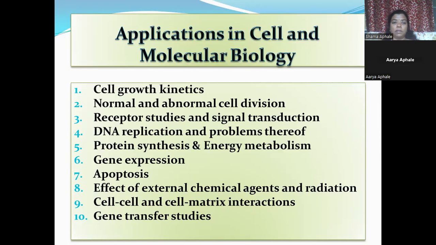Next is receptor studies and signal transduction. All the cell-cell interactions are happening due to the interactions between various receptors on the cells and the molecules which are passing on signals from one cell to another.